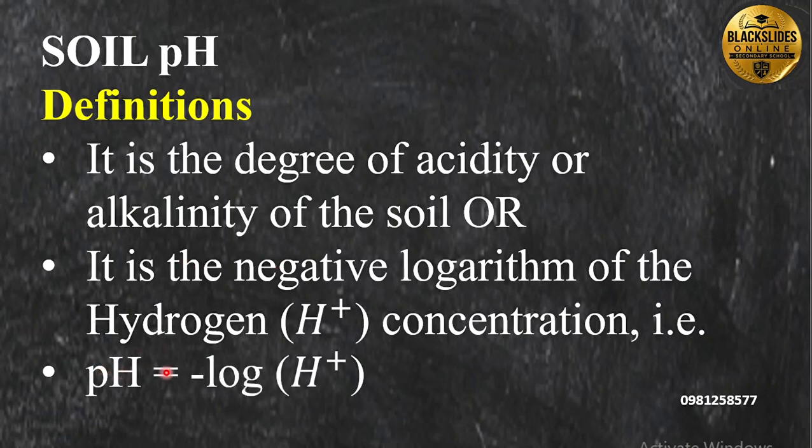So mathematically speaking, the pH of the soil sample is the negative of the logarithm of the concentration of hydrogen ions. Alright, so this is how we are defining soil pH. It's the degree of acidity or alkalinity of the soil sample. It is also the negative logarithm of the hydrogen concentration, expressed mathematically like this.